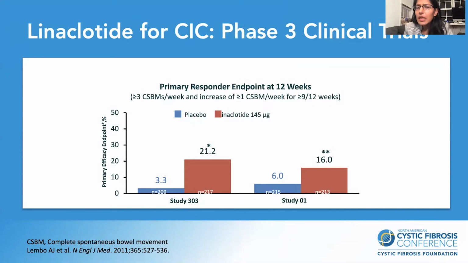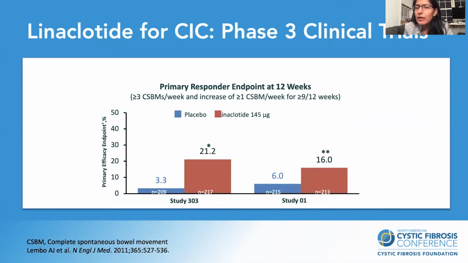And it includes greater than or equal to 3 complete spontaneous bowel movements per week, and an increase of greater than or equal to 1 complete spontaneous bowel movement per week for at least 9 out of 12 weeks. In order to be counted as a primary responder, you needed to have fulfilled this criteria.